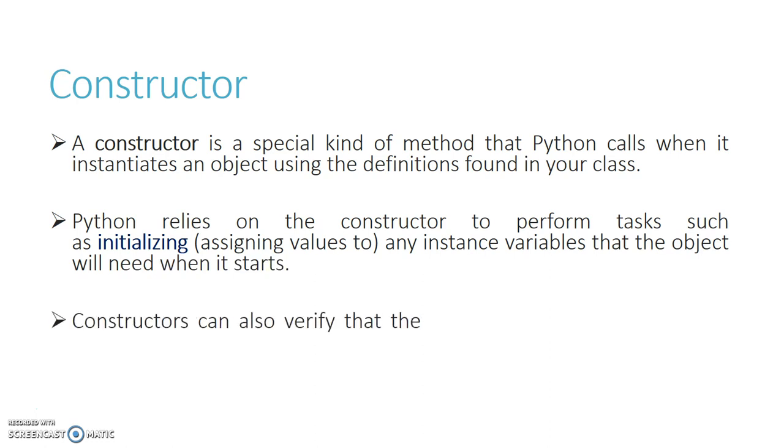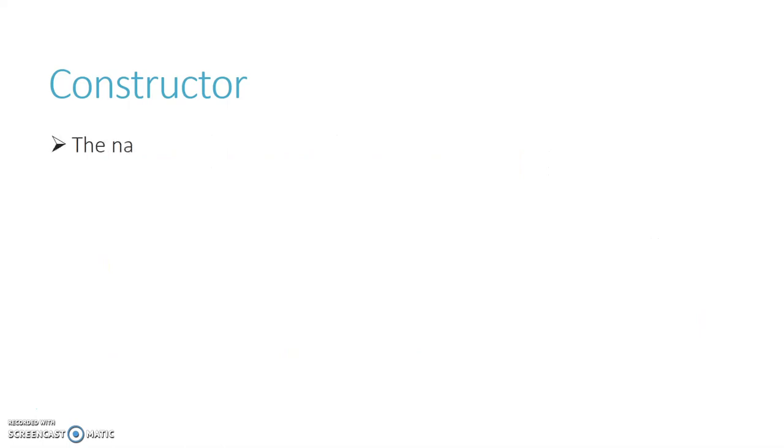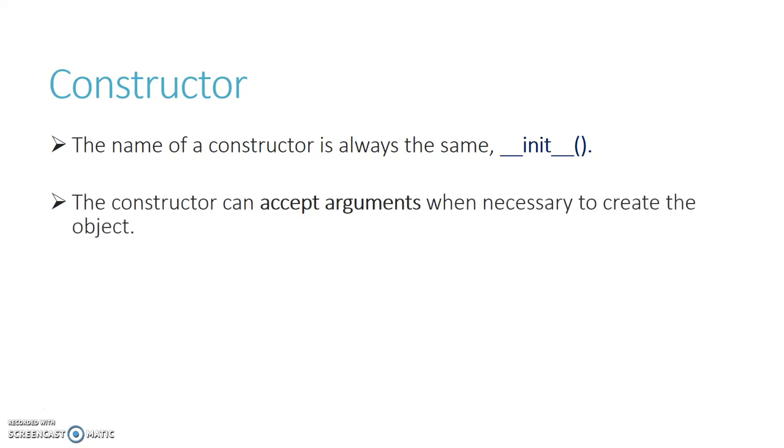Constructors can also verify that there are enough resources for the object and perform any other startup tasks you can think of. The name of a constructor is always the same, __init__. The constructor can accept arguments when necessary to create the objects.